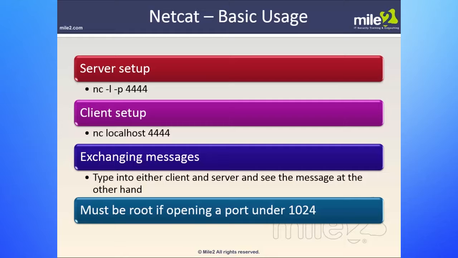We can also exchange messages, so we can type in either client or server and see the messages at the other end. And we must be root if we're opening a port under 1024. Hopefully you know that the first 1024 ports, 0 to 1023, are your commonly used ports, and if you wanted to use those, you need root access.